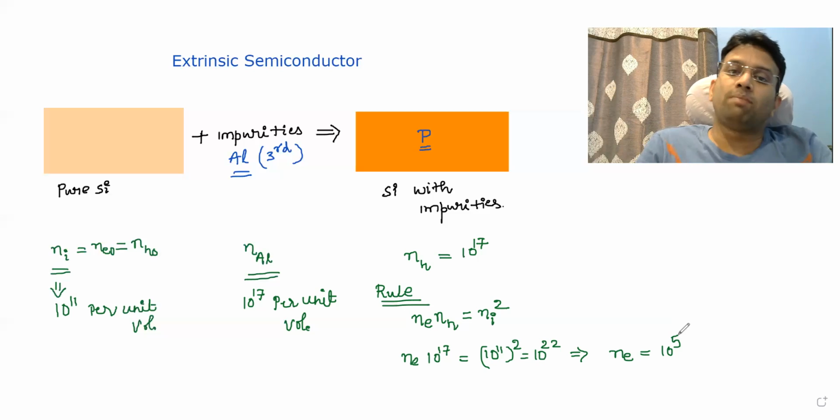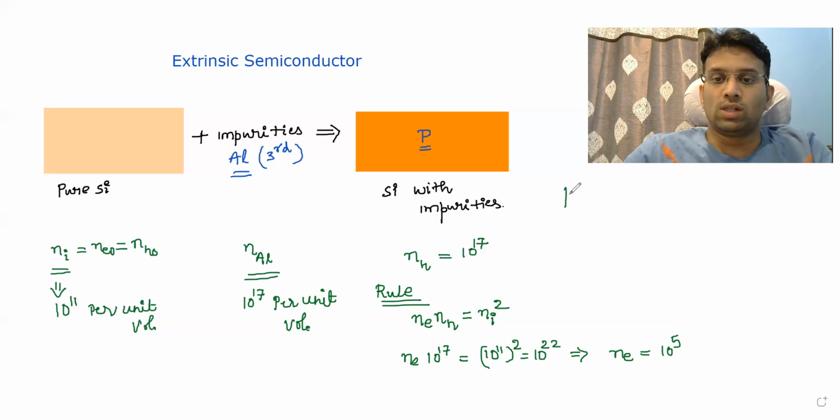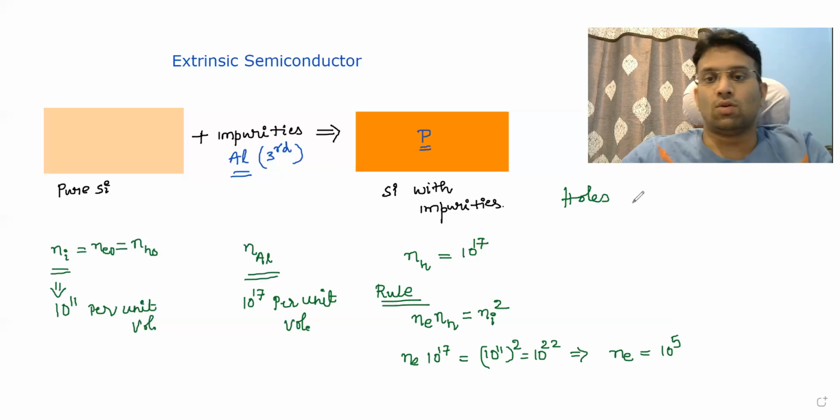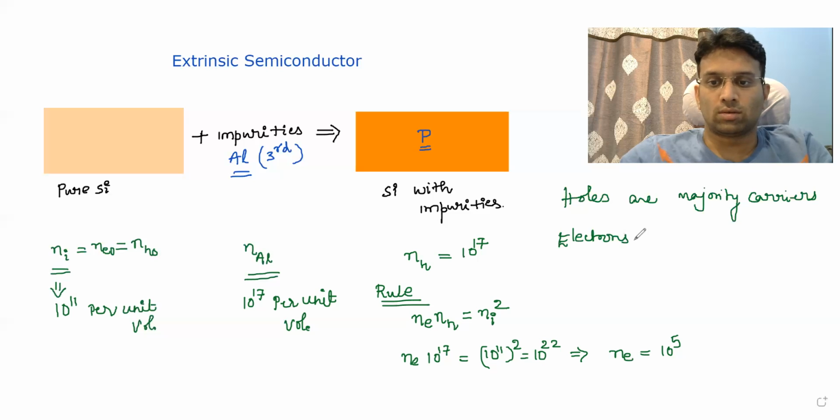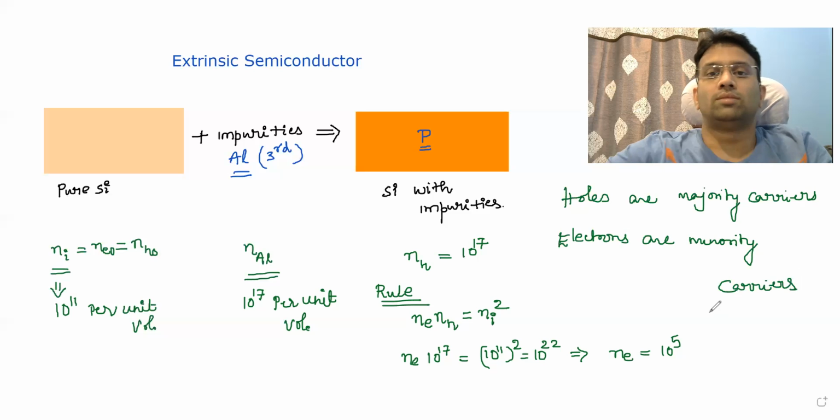So in a p-type semiconductor, holes are majority carriers. Holes are called majority carriers, and electrons are minority carriers. These are important things.